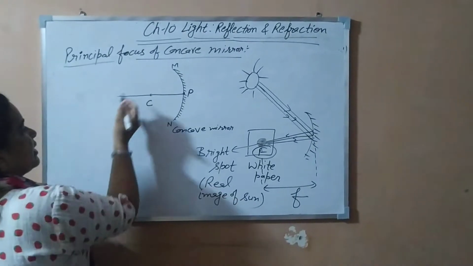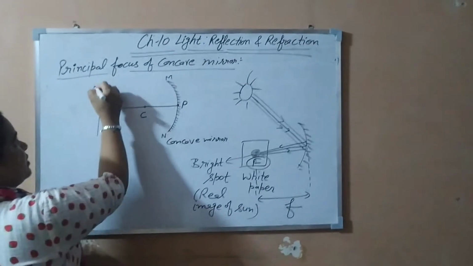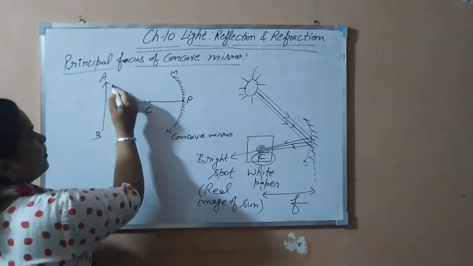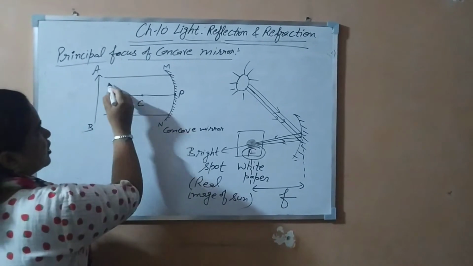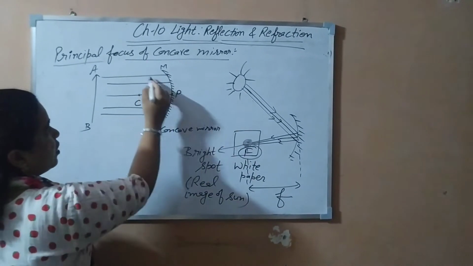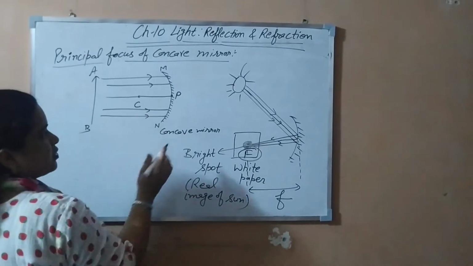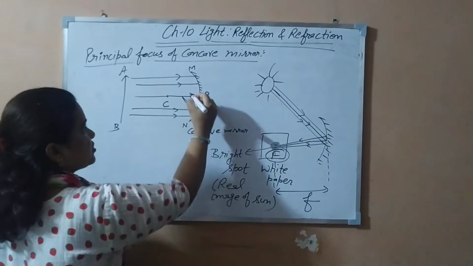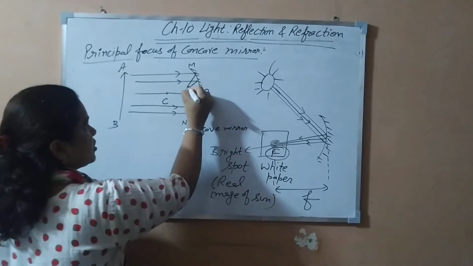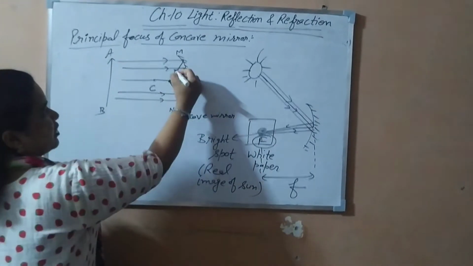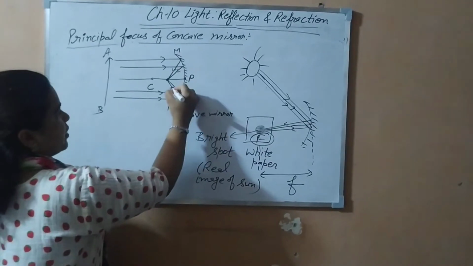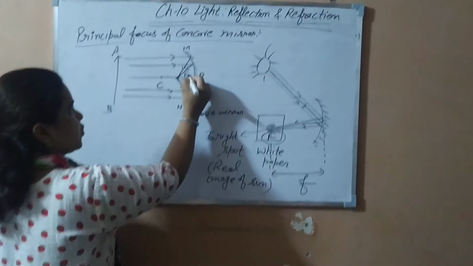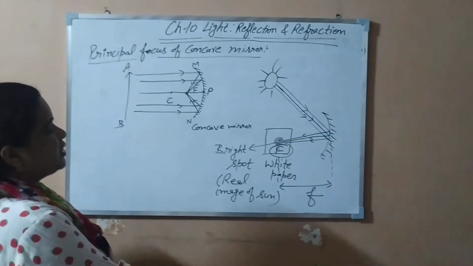From the sun, like we are taking an object AB, we are considering the sun, parallel rays fall on the concave mirror. After reflection they all meet at one point. They converge to one point, and this point is known as the focus of the mirror.